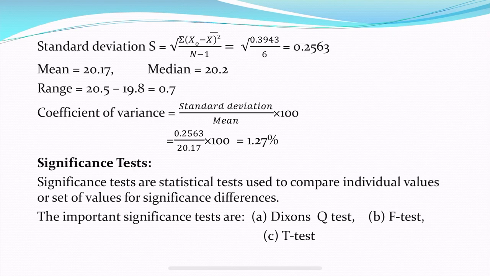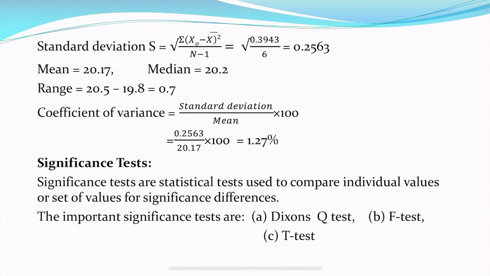The precision of data can also be given in terms of range: the smaller the value of range, the higher the precision of measurement. And the fourth method of expressing precision was standard deviation.